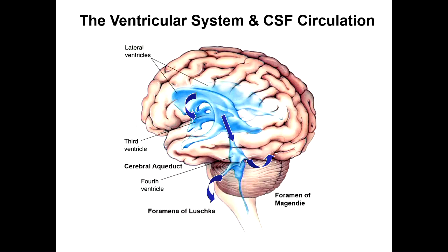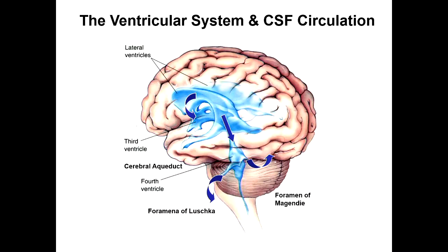From the third ventricle, the CSF continues circulating down this arrow here through a narrow tube that you find in part of your brainstem, which is called the cerebral aqueduct, into another expanded space called the fourth ventricle, which is found between the underside of the cerebellum and the backside of your brainstem. That's the fourth ventricle. And from the fourth ventricle, the CSF then escapes through three holes.